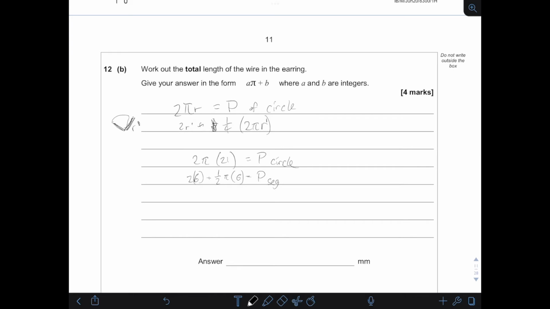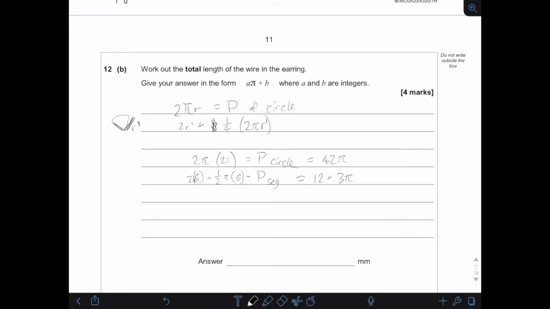So now we can essentially simplify everything. Here we have 2 times 6 is 12 plus 3 pi. And on the top we have 42 pi.